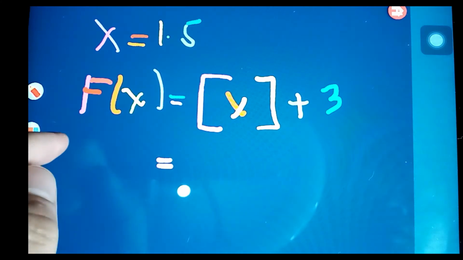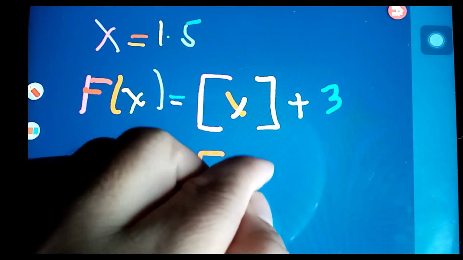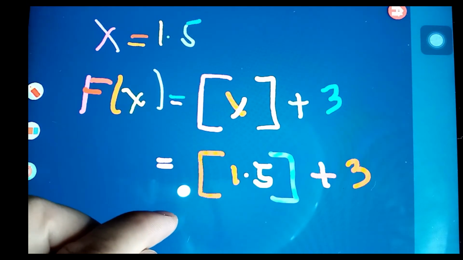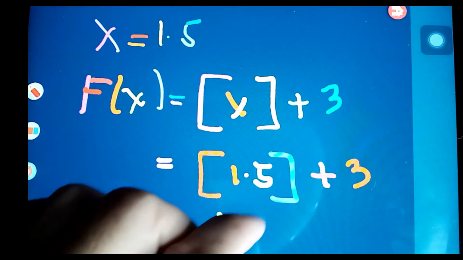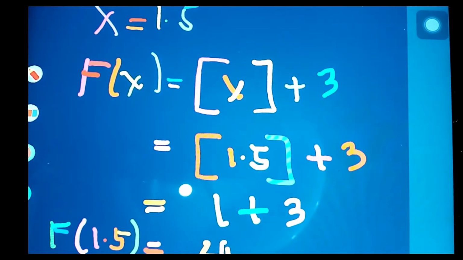It is the greatest integer of 1.5 plus 3. The greatest integer of 1.5 is 1, so 1 plus 3 is 4. So F of 1.5 is 4.